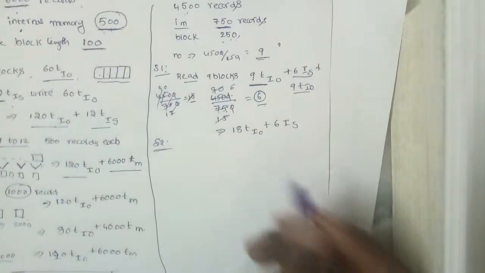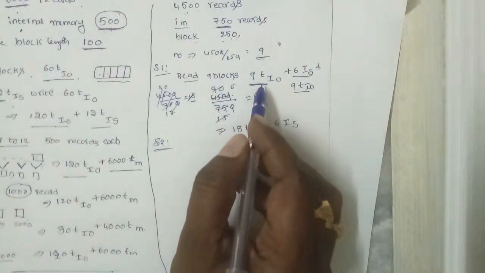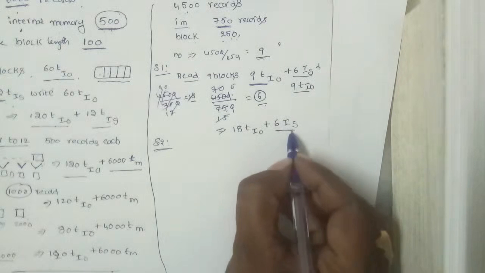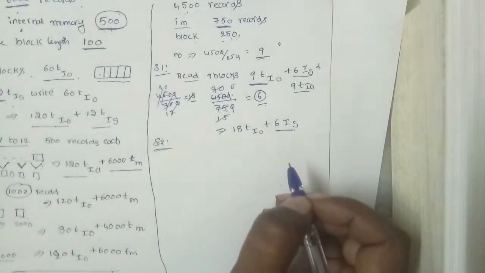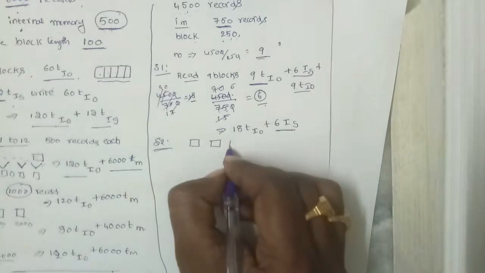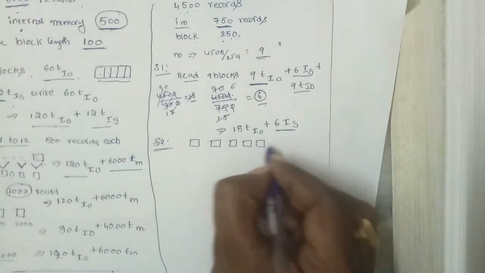Now step 2. How many merges do we have to perform? We have a total of 6 runs. Assume runs 1 to 6.